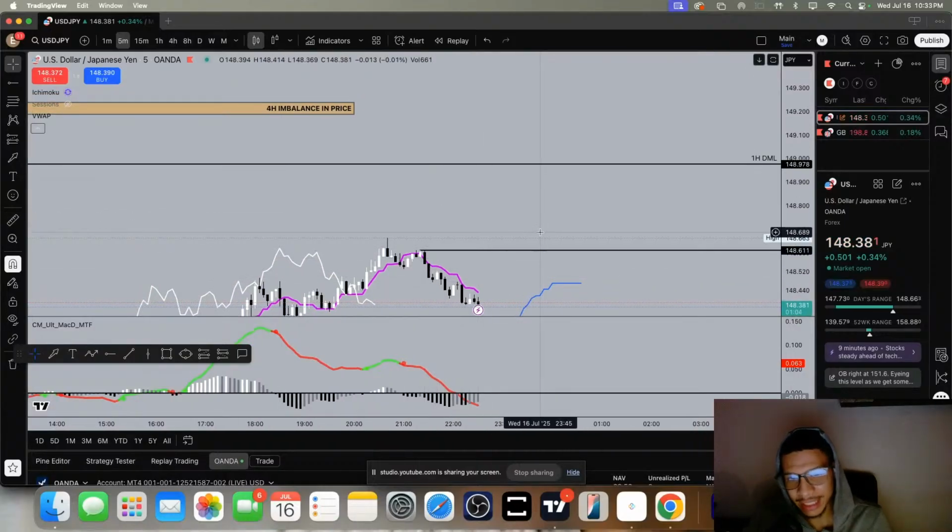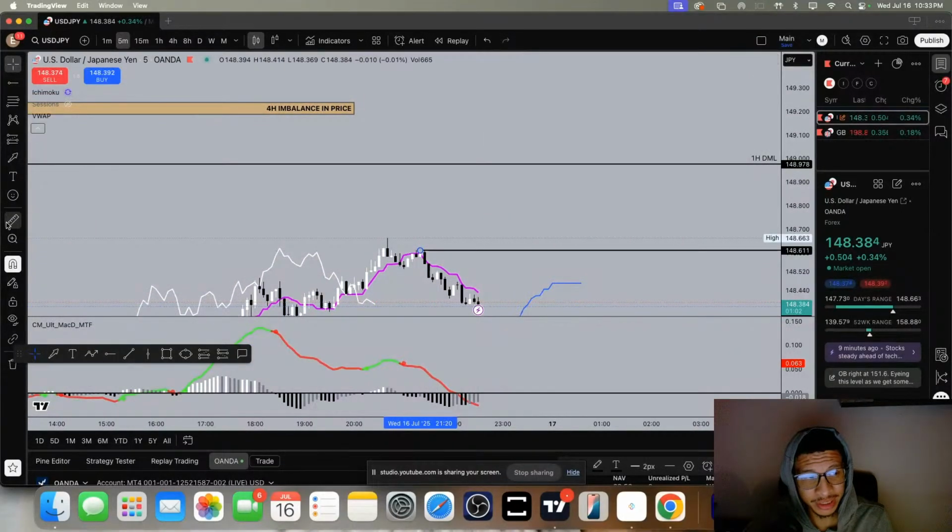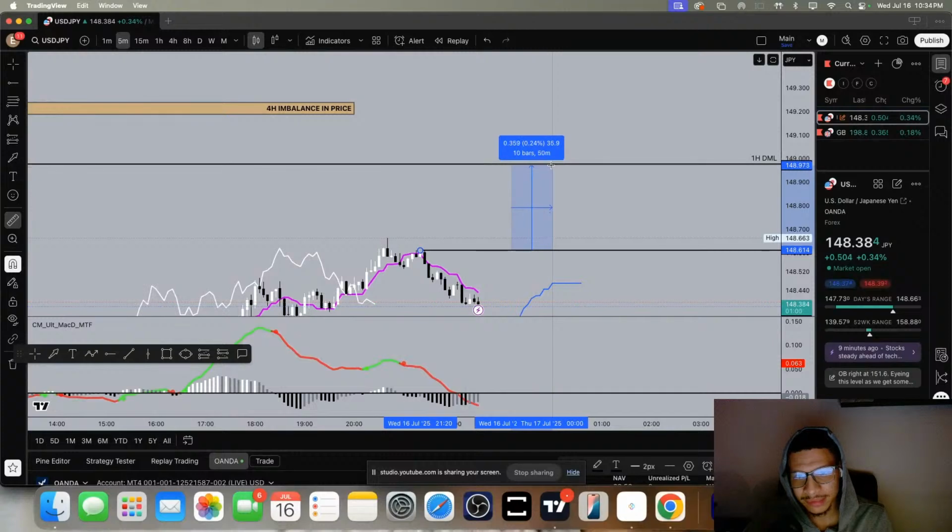If I wanted to take that entry as my confirmation came in, that would be about 35 pips. 35 pips, that's a decent amount of movement, because it all depends on how much capital you have to risk. 35 pips, man, that's some people's monthly salaries if they have the capital to trade that.